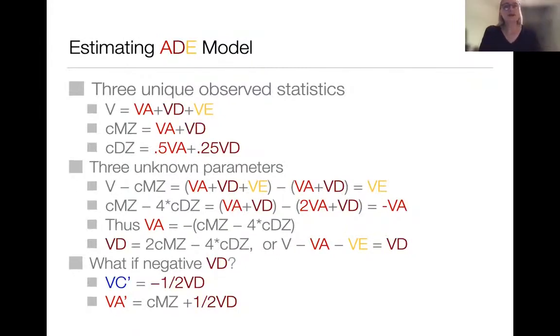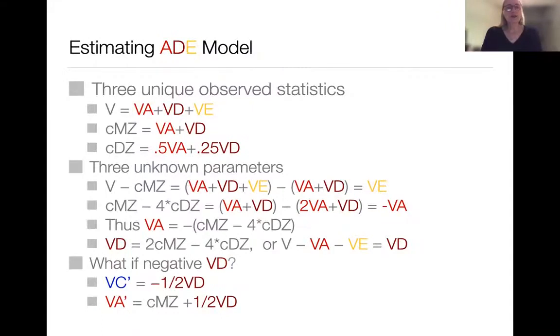Conversely, if we started with estimating an ADE model, of course, we still have only 3 unique statistics. And the only difference here is that the expectation for the covariance in DZ twins is a quarter of the dominance variance, as dominance variance is only shared for DZ twins compared to the complete dominance variance as MZ twins share all their genetic variants.